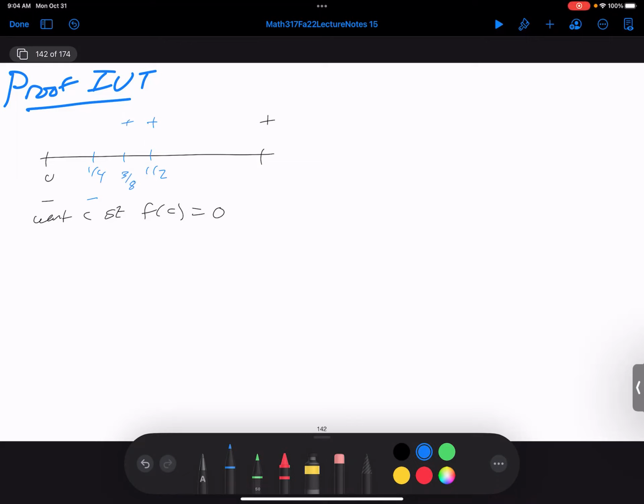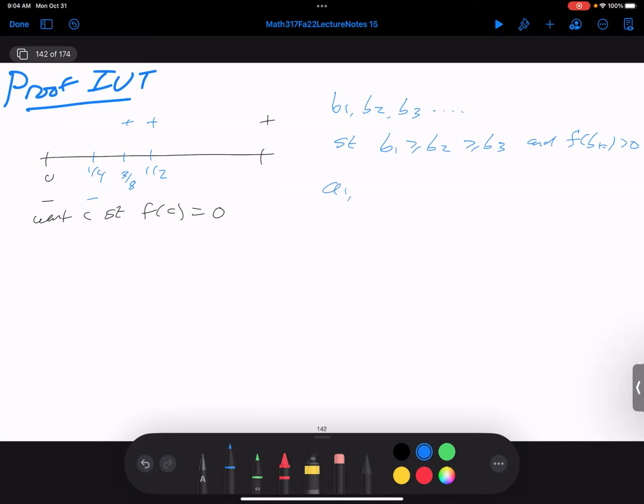So we would have a string of upper bounds, b1, b2, b3, such that b1 is greater than or equal to b2 is greater than or equal to b3, and each f(bk) is greater than 0.